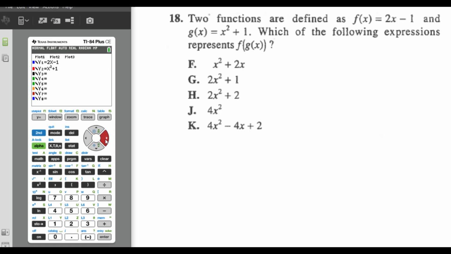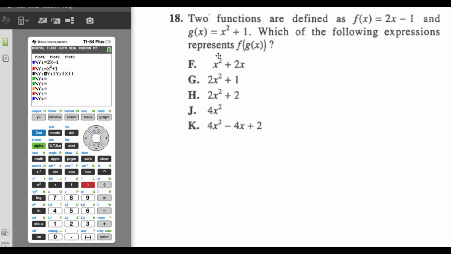And y3 is going to be y1 of y2 of x. Alpha trace is where the y variables live. So that'll be y1, left parentheses, alpha trace, y2, left parentheses, x, and then double right parentheses.